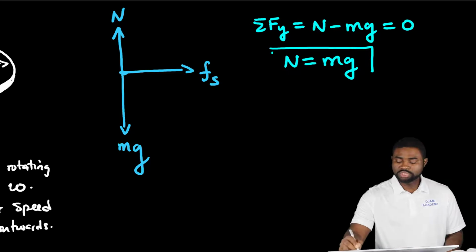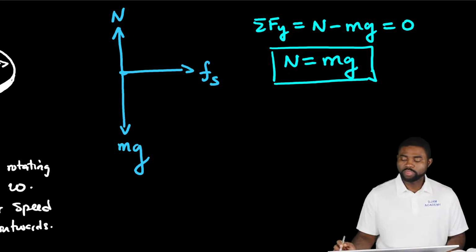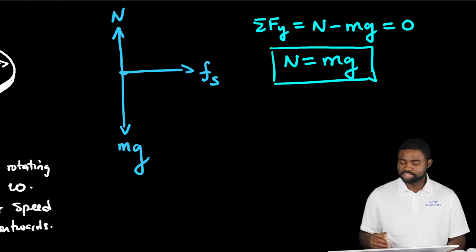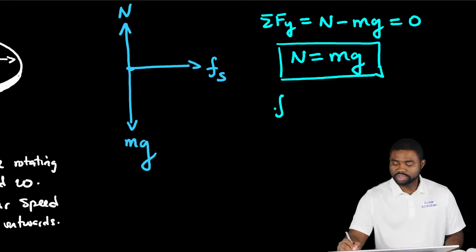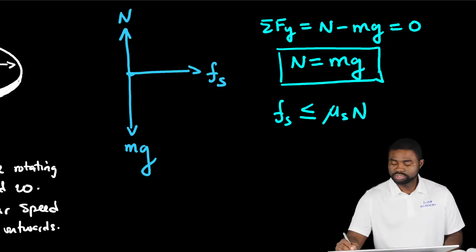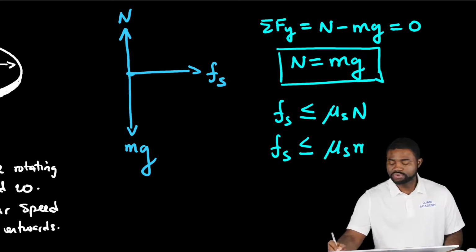The normal force acting on the cube is equal to the weight of the cube. By definition, we know that F_s is less than or equal to mu_s N. In other words, F_s is less than or equal to mu_s mg.